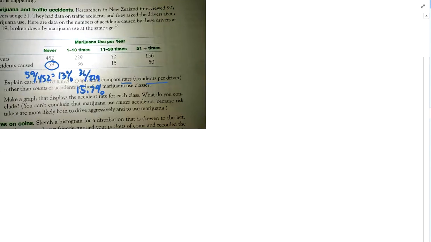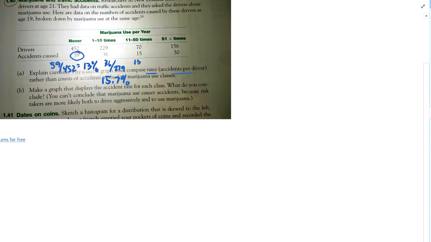Here we've got 36 of the 229. 36 divided by 229 is 15.7%. 15 out of 70 is 21.4%. And 50 divided by 156 is 32%.